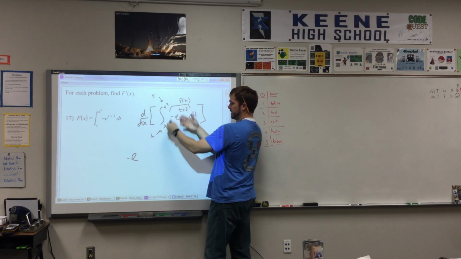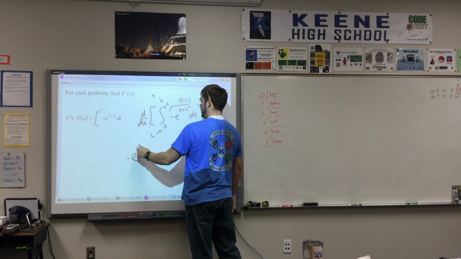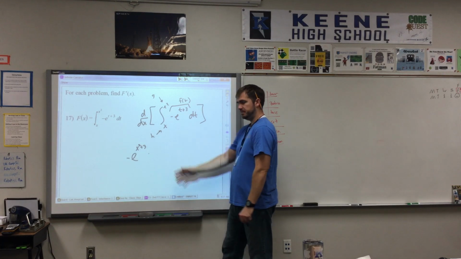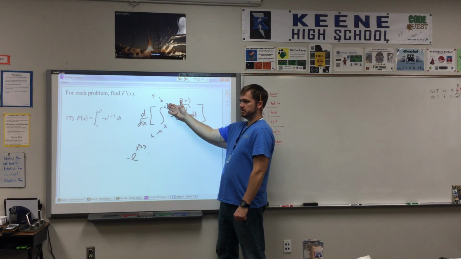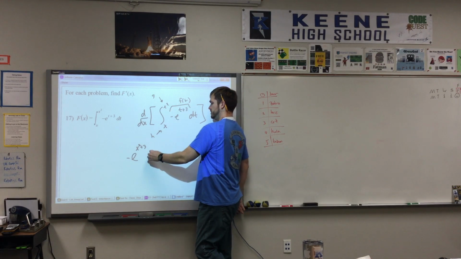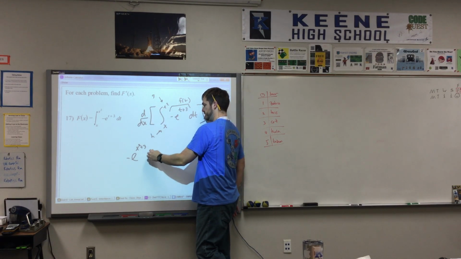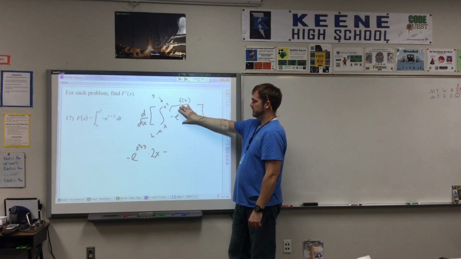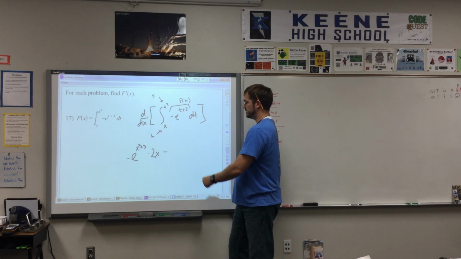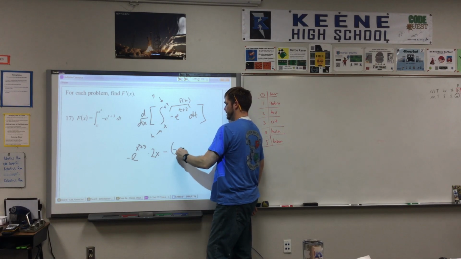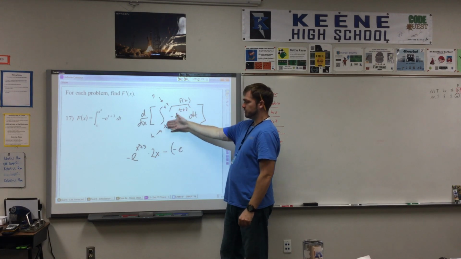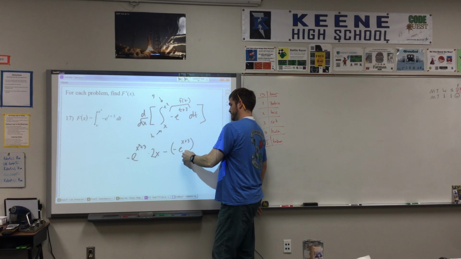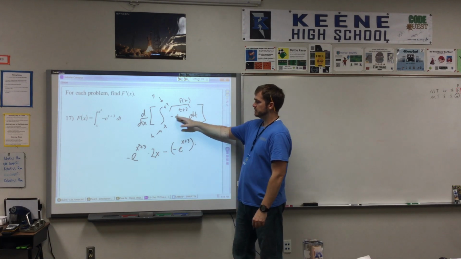Every time I see a t, I'm going to write x squared. So negative e to the x squared plus 3 times the derivative of g of x. The derivative of x squared is 2x. Minus the function evaluated at the lower bound. Every time I see a t, I'm going to replace that with x. So negative e to the x plus 3 times the derivative of the lower bound.